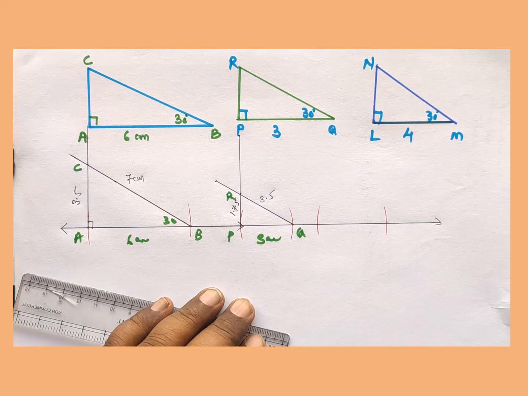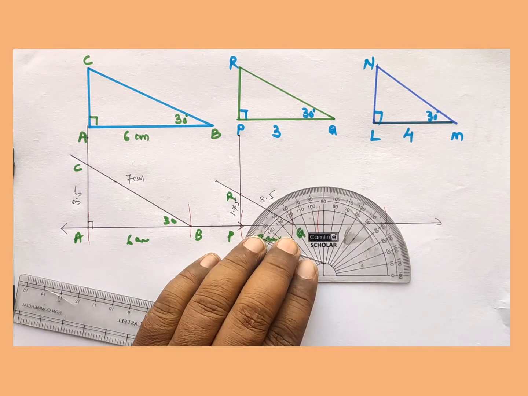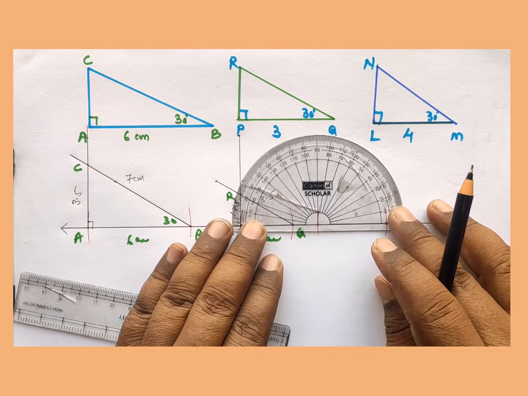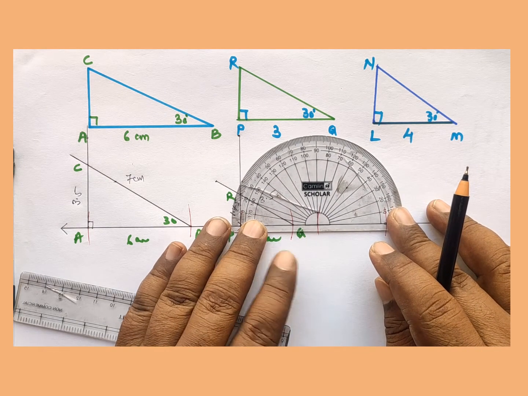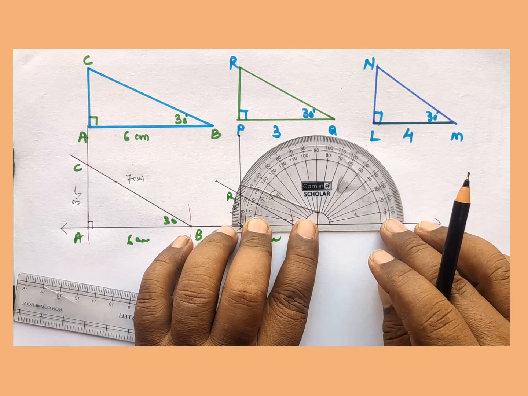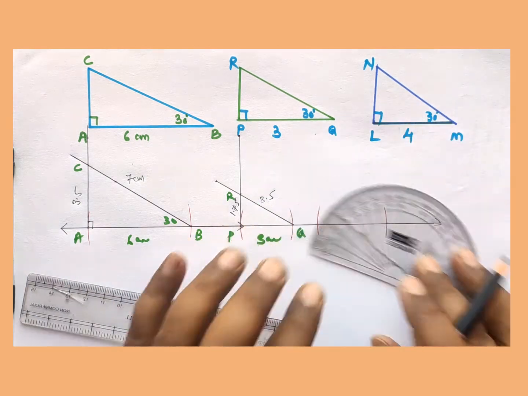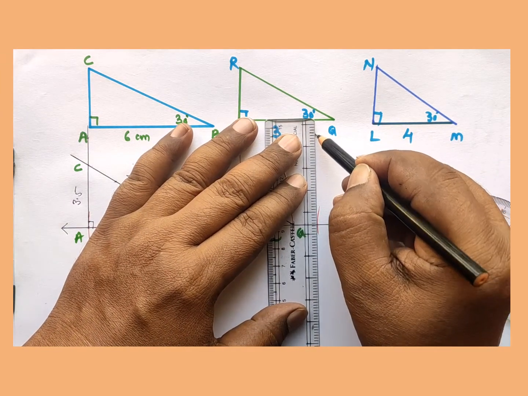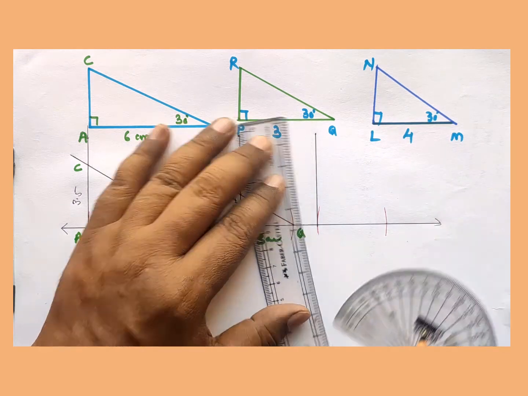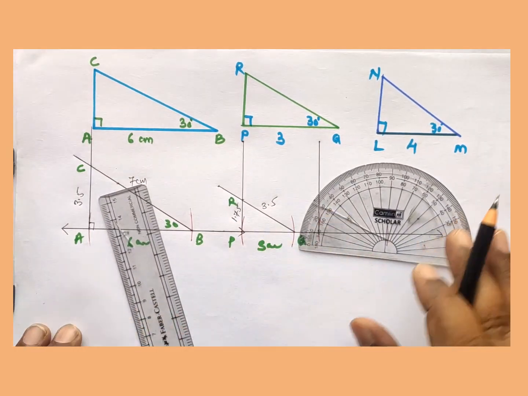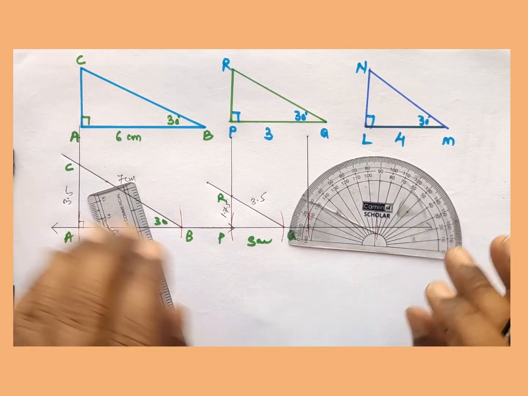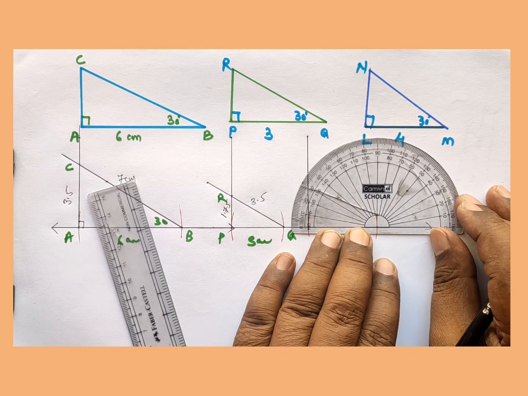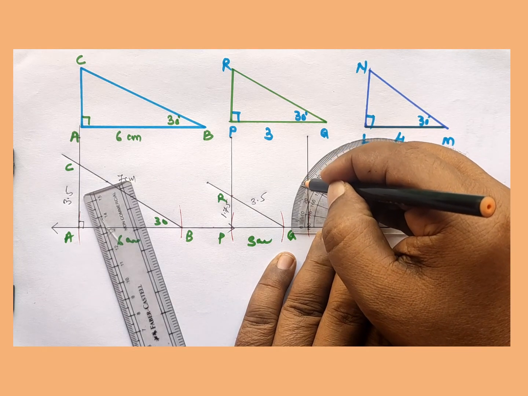We will make an angle of 90 degrees at L. So we got a vertical line, that is 90 degrees. Then we need 30 degrees. Thirty degrees here.